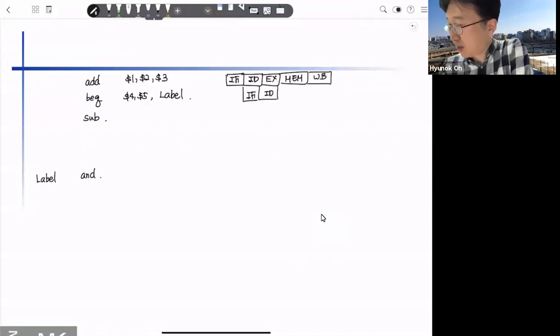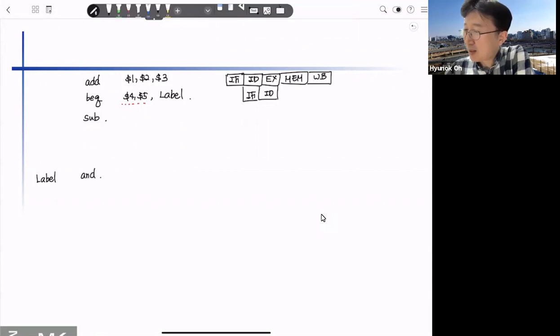When we get the result of whether we are jumping or not, at which stage do we know that? At which stage do we know whether this branch is branching or not? Yeah, the EX stage.